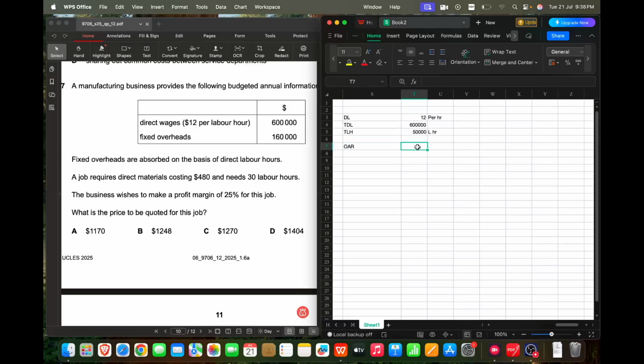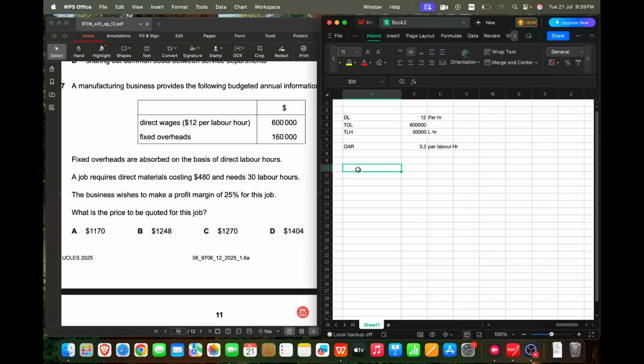So OAR is fixed overhead, which is 160,000 divided by the total labor hours, which is 50,000, and the overhead absorption rate is 3.2 per labor hour. Now this would be helpful when I calculate the cost.